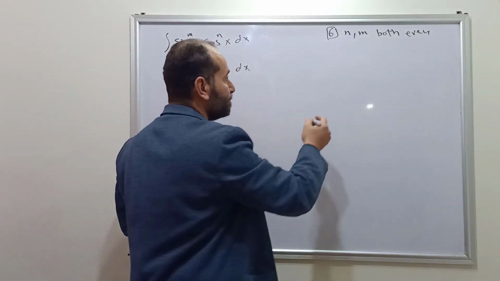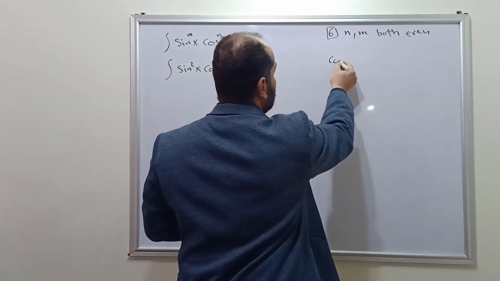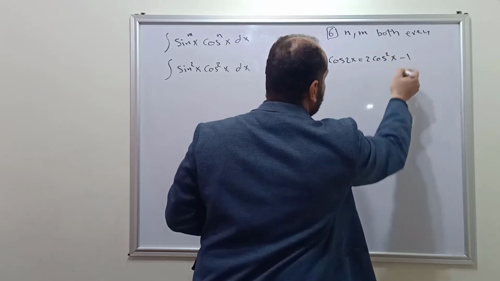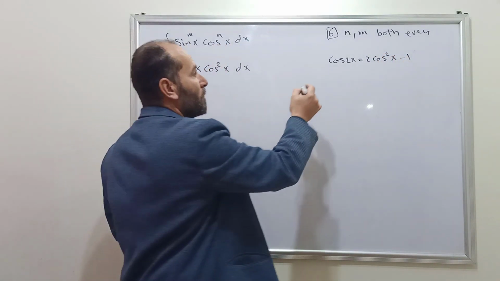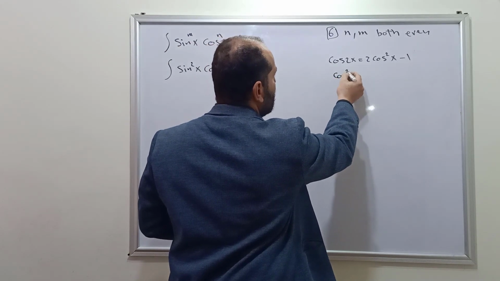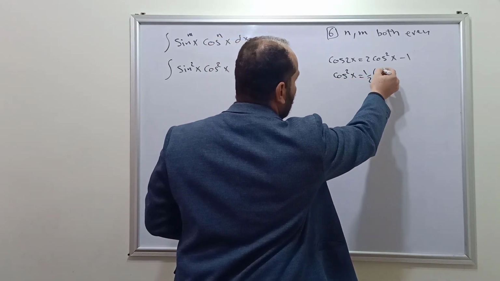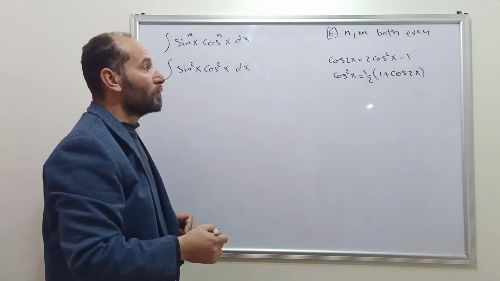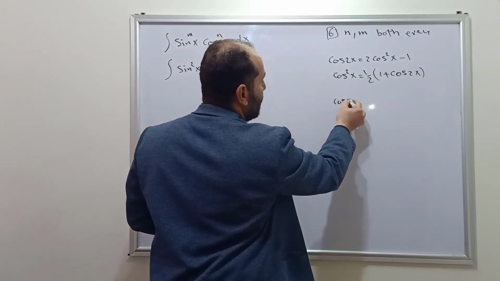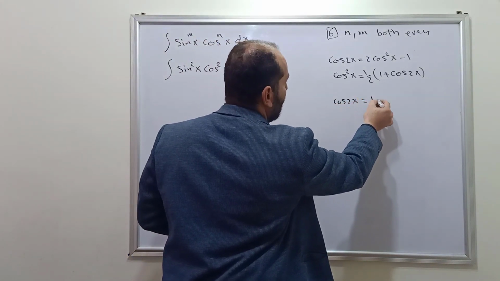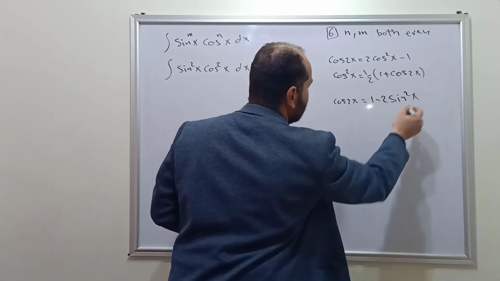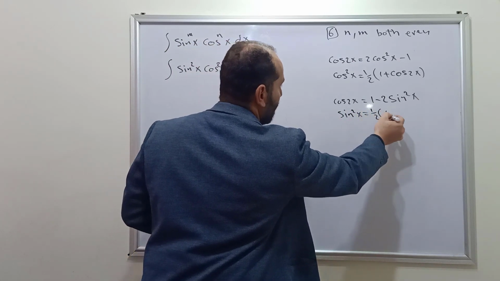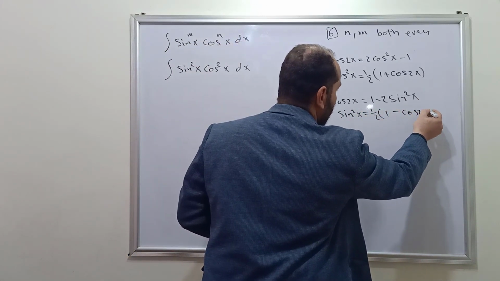We review the formula of identity: cosine 2x equals 2 cosine squared x minus 1. From this, we can find cosine squared x equals half times 1 plus cosine 2x. And cosine 2x equals 1 minus 2 sine squared x, so sine squared x equals half times 1 minus cosine 2x.